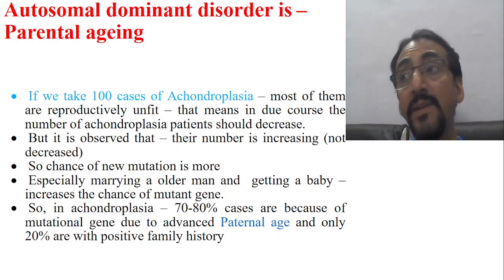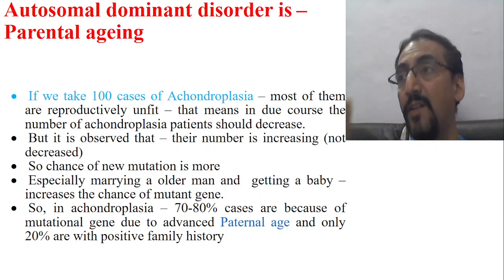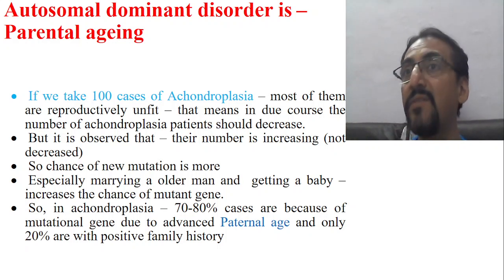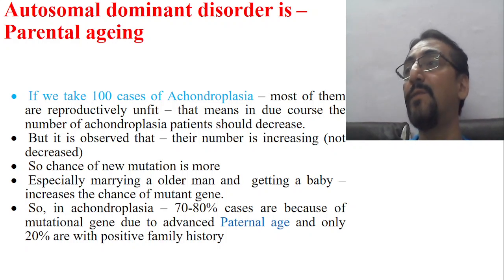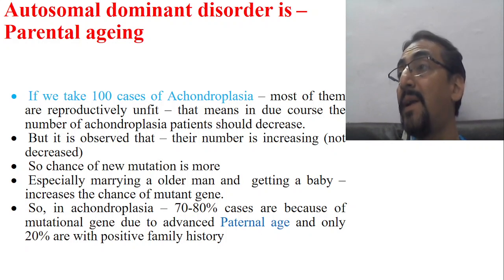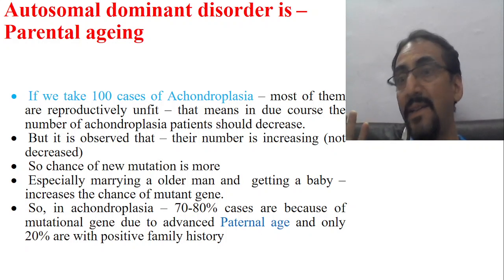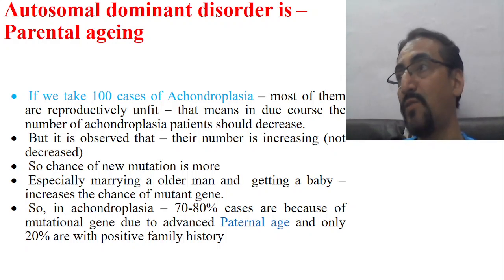Otherwise, as the patient is reproductively unfit, as the generations pass, the number should decrease, but it is not happening. That is, advanced age of the father is considered one of the most important causes for the new mutations in case of achondroplasia. So paternal aging is also very important. We know that if the age of the mother is more, the chance of Down syndrome is more.